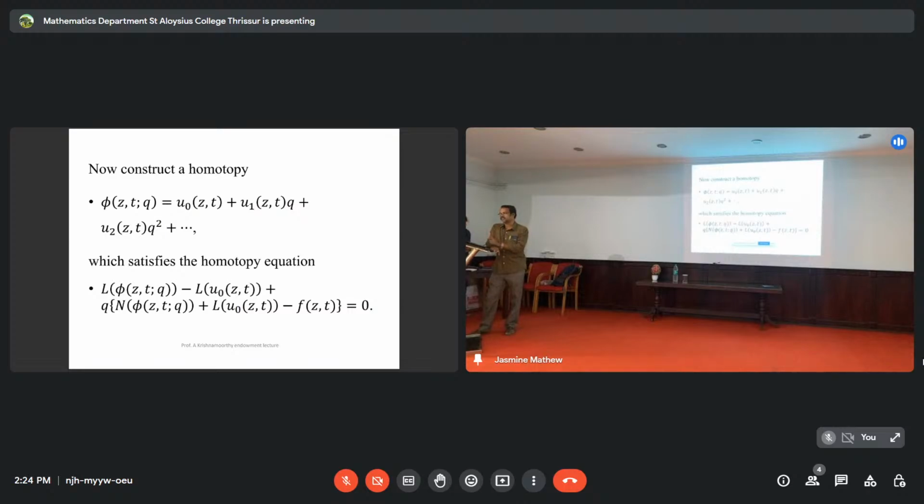So the q is a new variable that we are introducing. So here the coefficients of the power series in q are functions rather than numbers.